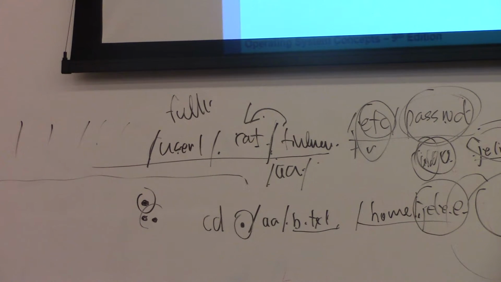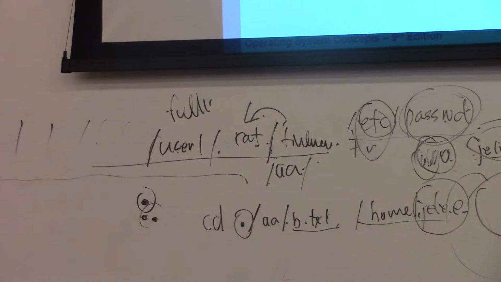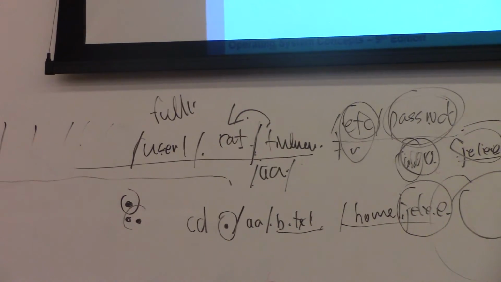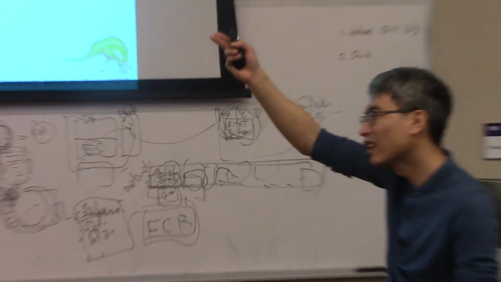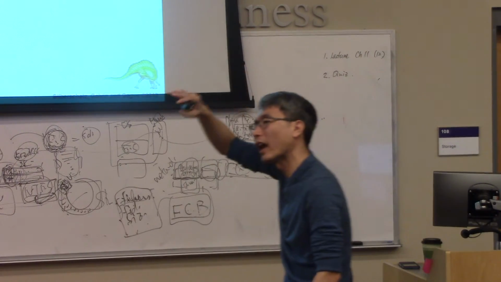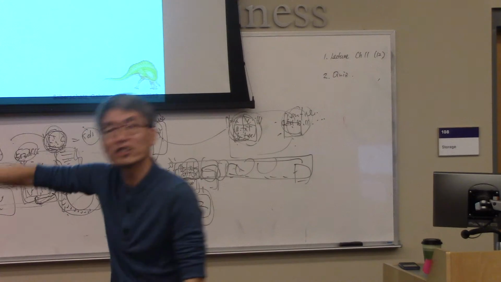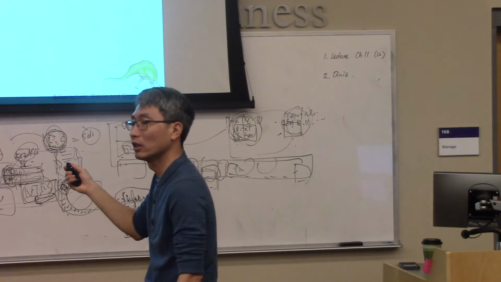However, tree has direction. Okay? Direction of what? Parent to child. Always parent to child. So there might be parent of parent of parent, and finally you can have the node that doesn't have the parent, that is a root.